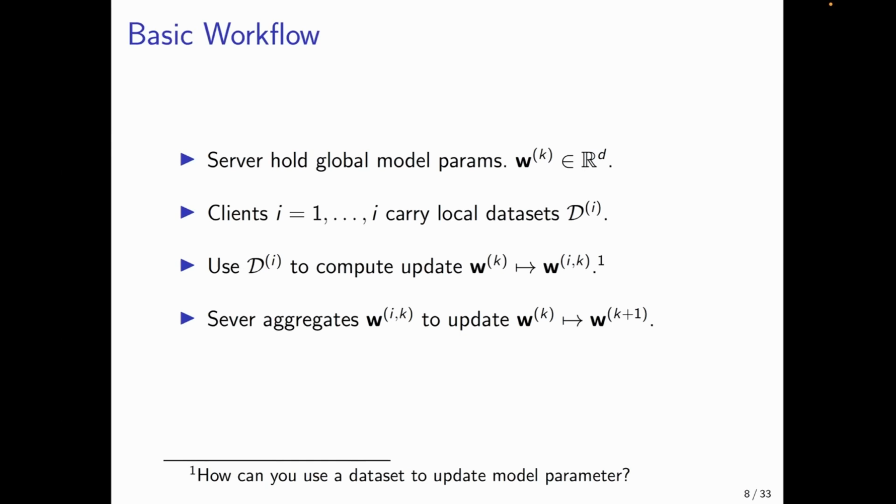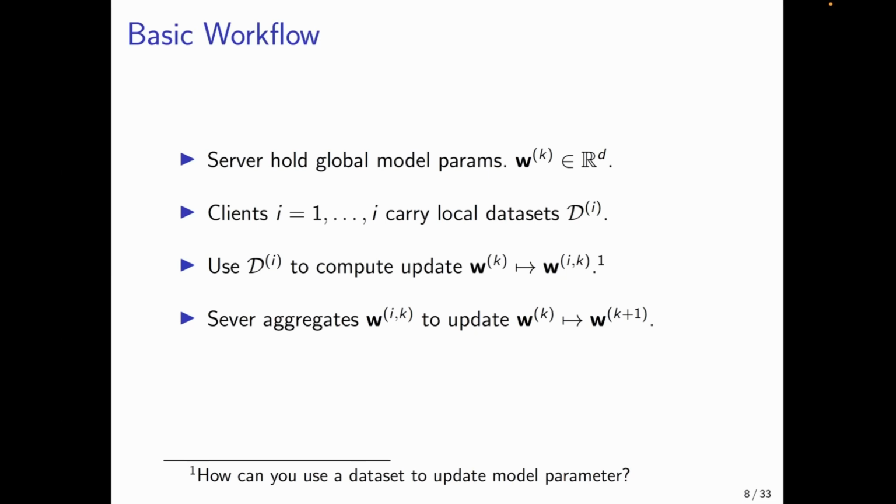One basic approach, maybe the first approach in federated learning, was to take the current guess for the global model parameters at time k and broadcast it to all clients. Each client, who has some small chunk of local data, computes a local update. It gets a current guess for the model parameters and uses its local dataset to improve it. And then after each of these clients has done these local updates, the updated local model parameters are sent back to the server, which aggregates them somehow.